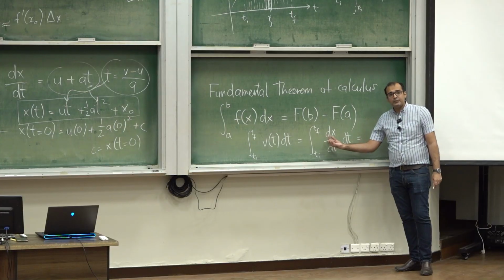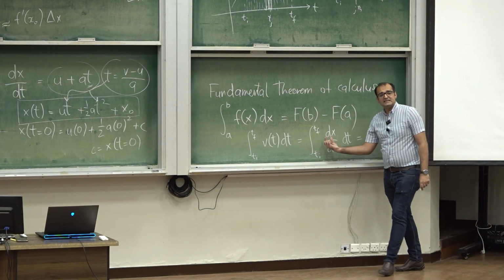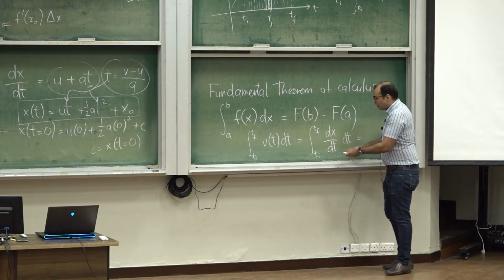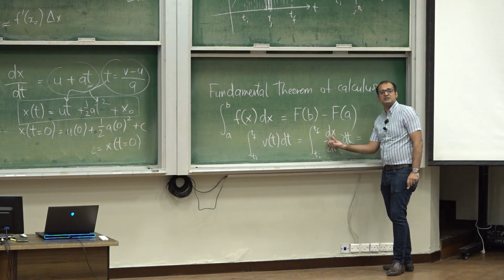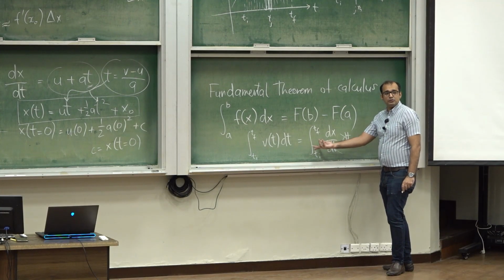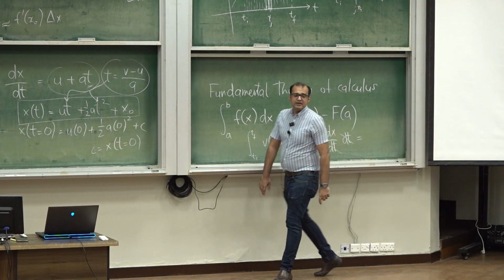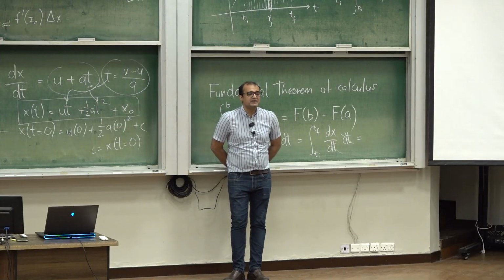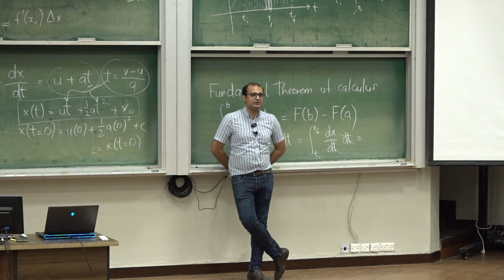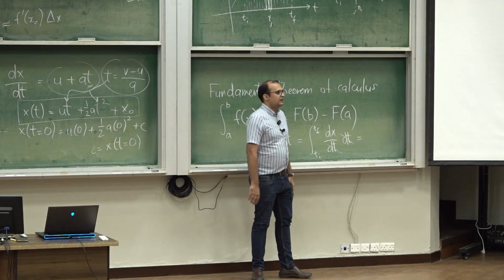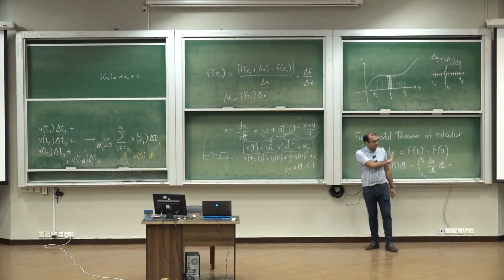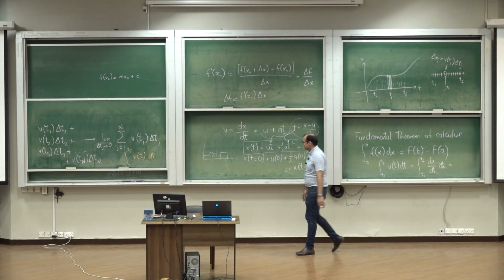So you are going to add up over small changes in x, kind of this gets cancelled, so you just have addition over small changes in x. So what do you get then? Total change in x. If you add up over small changes in something, you get the total change in that quantity. Roughly speaking, I'm not being very mathematically rigorous, like I said.